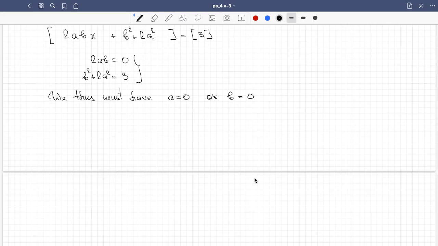But the second equation, in the case a equals 0, becomes b squared equals 3. In the case b equals 0, the second equation becomes 2a squared equals 3.